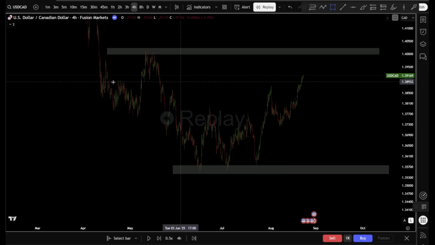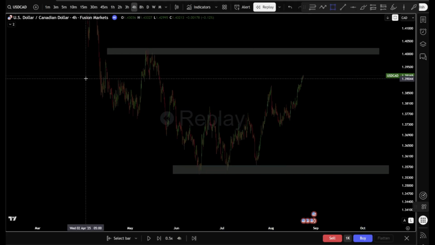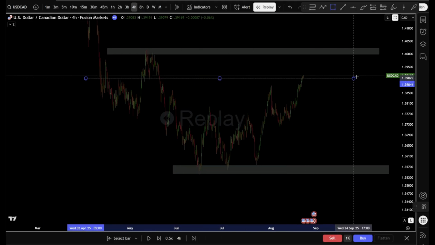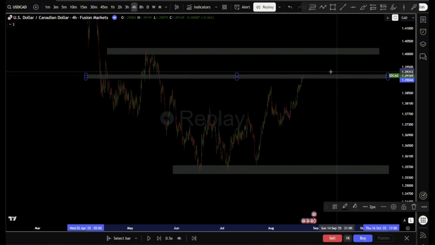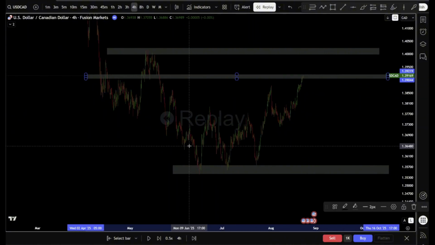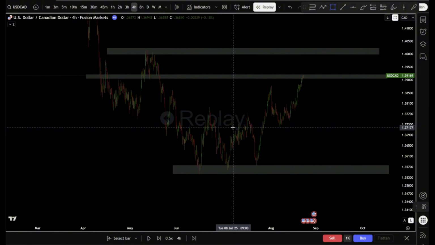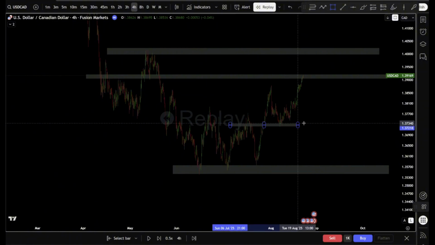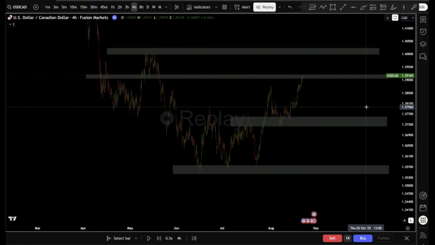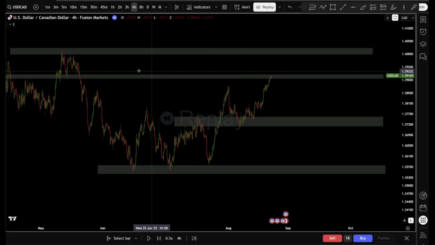And then we see another resistance area right here, and we also have a support area, which is around here. So this is in the 4-hour time frame.